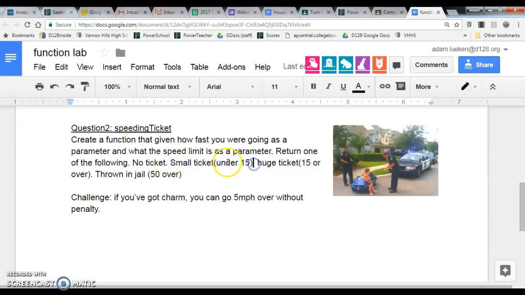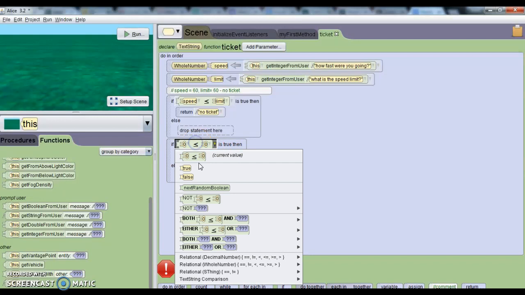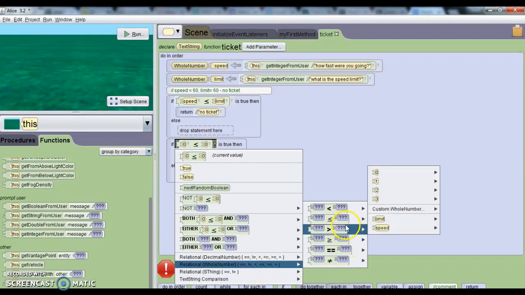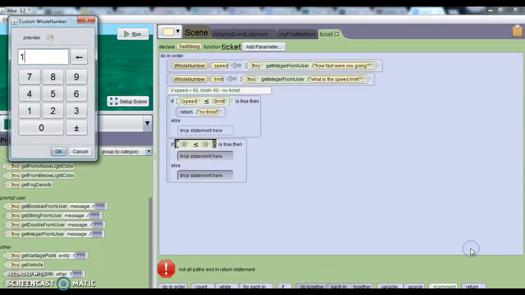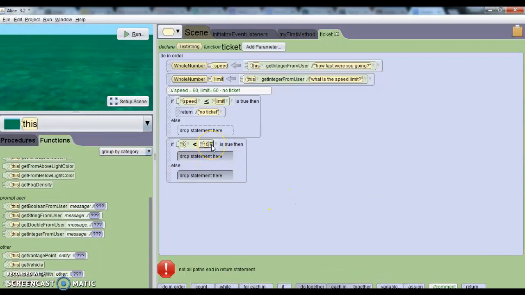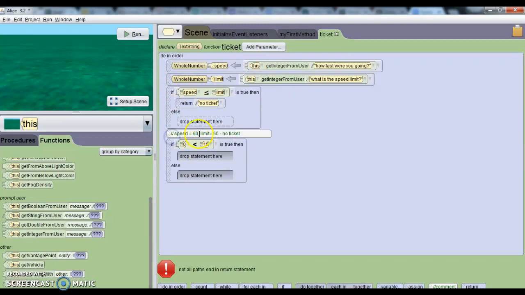Now, this says under 15. Does that include 15? No. So actually, maybe I'll want to change it to something is less than 15. Okay? So now, let's look at the example.